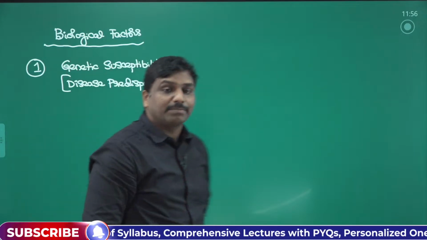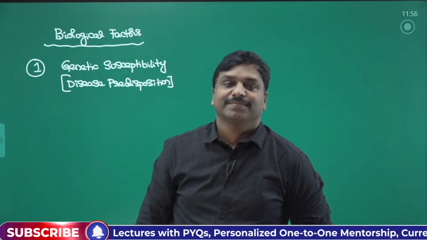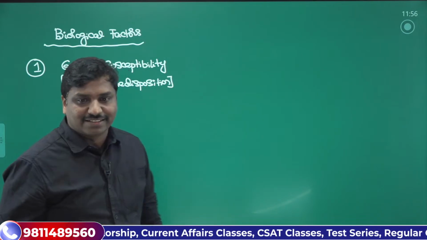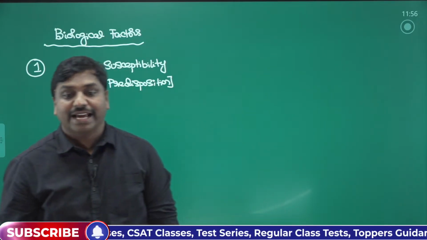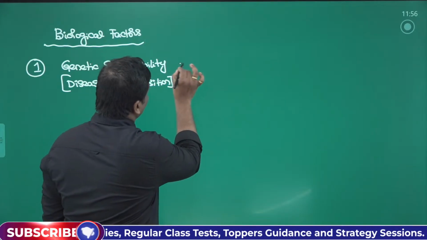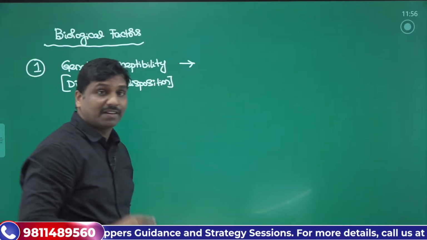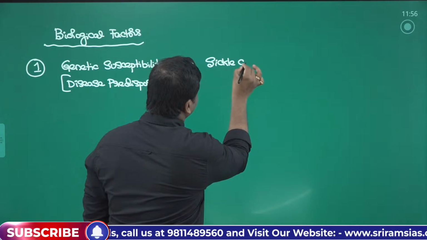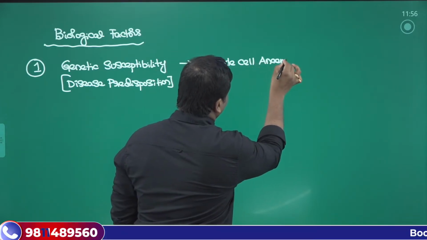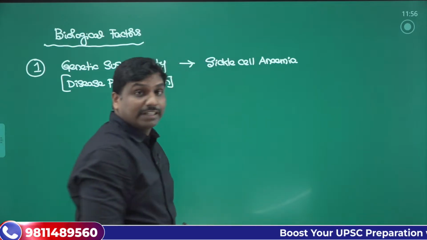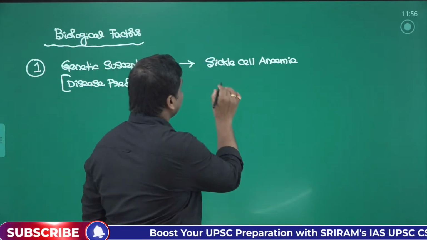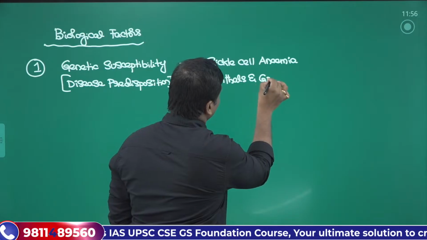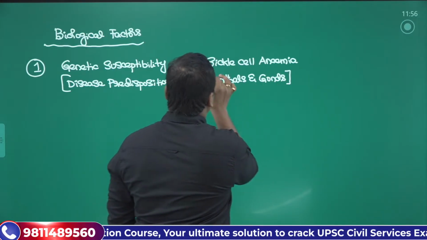Can you give any example for genetic susceptibility or genetic predisposition? Some of you have texted sickle cell anemia. So you can take sickle cell anemia as an example. Certain tribal people are subjected to frequent diseases like, for example, sickle cell anemia, say the Central Indian people like Santals, Gonds, and other sections.